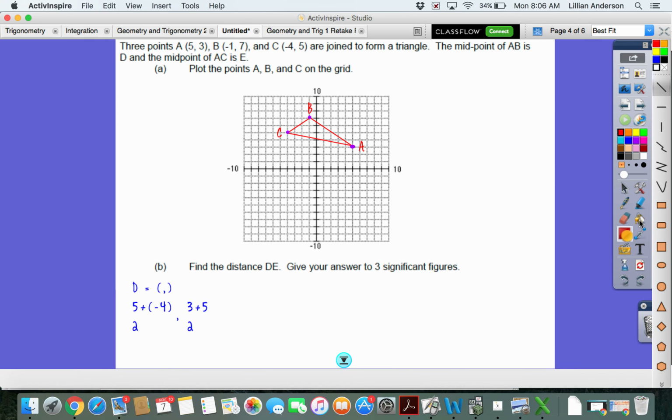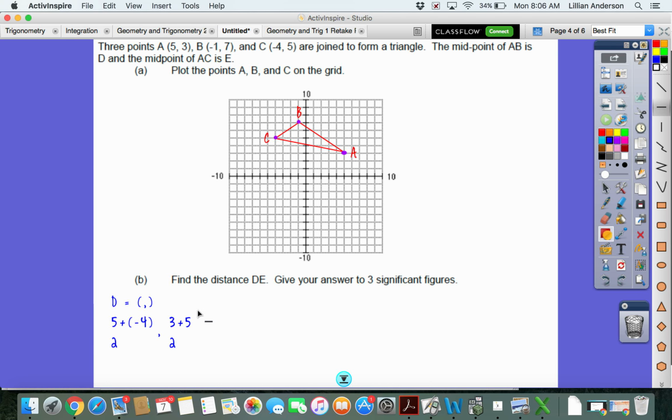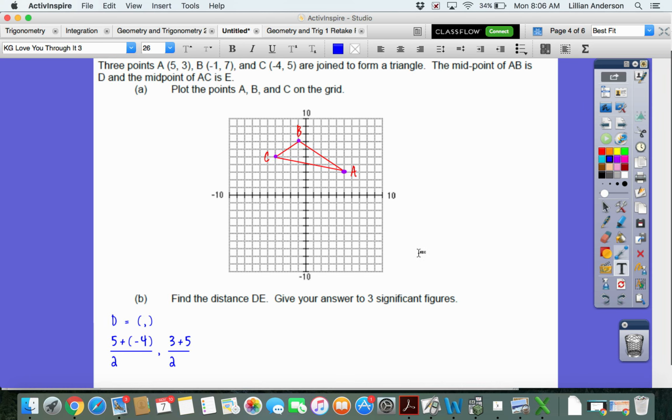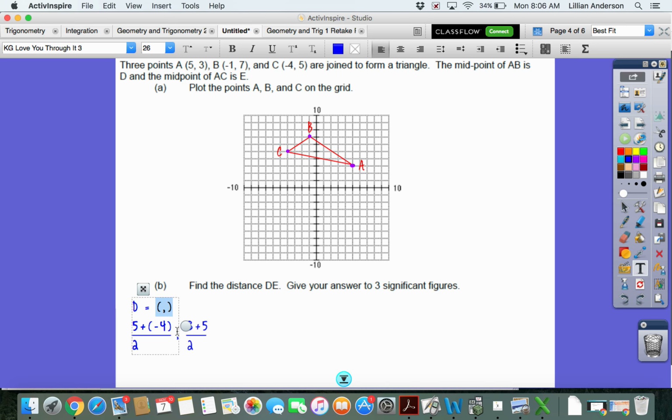Pretty basic. Again, the formula is in your reference sheet, so nothing too challenging, hopefully. So then when you actually find 5 plus -4 is 1 over 2, and then 3 plus 5 is 8, divided by 2 is 4. There's your point for D.